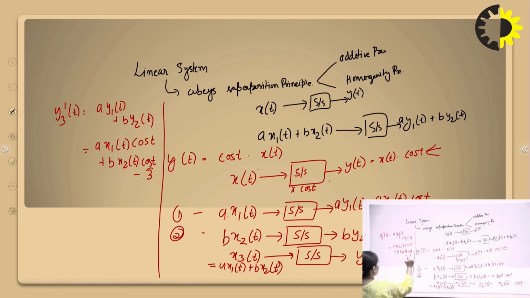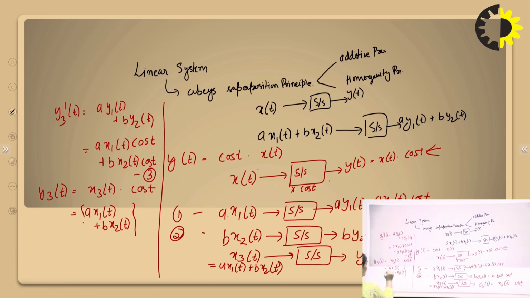Suppose this is equation 3. And y3(t) equals x3(t) into cos t, where x3(t) is a of x1(t) plus b of x2(t), multiplied by cos t.